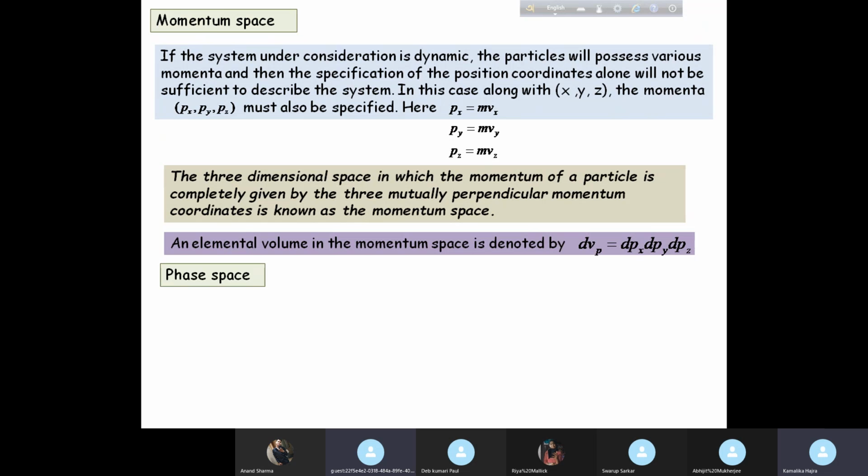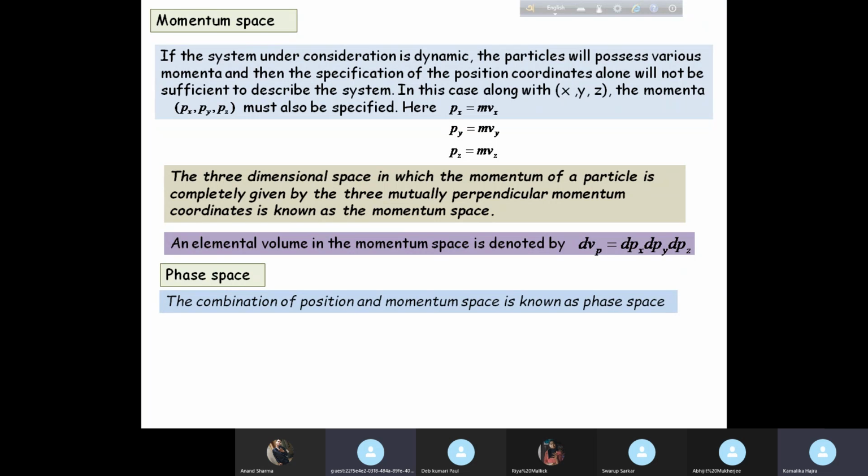This is very, very important because we are going to refer to phase space a lot. Combination of position and momentum space is known as phase space. So momentum space is three-dimensional, position space is three-dimensional.